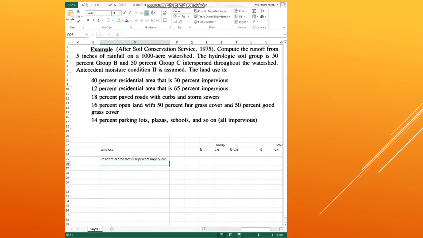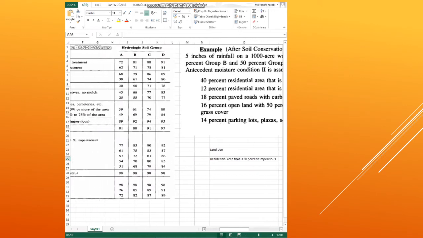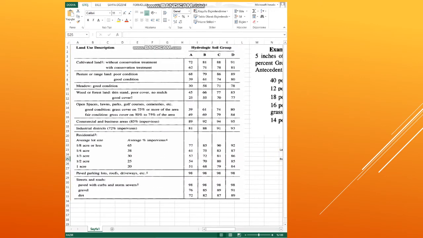So what is its percentage? It is 20% for group B, half and half, 20% for group C. What is the curve number for residential area, 30% impervious? Let's go to here: residential area, 30% impervious, and the average lot size is 1/3 acre.